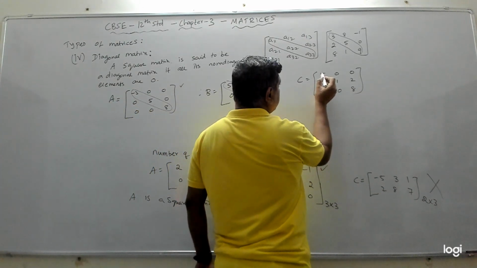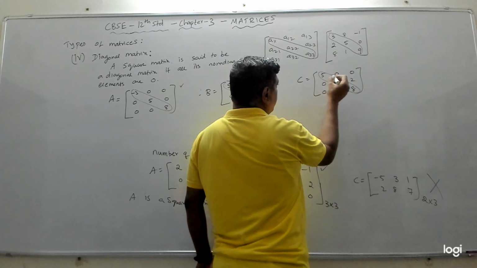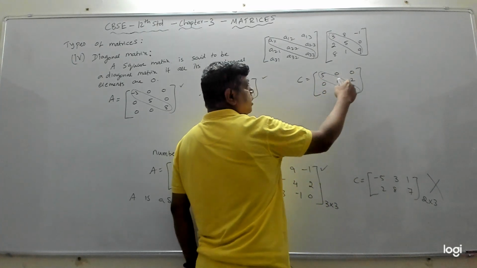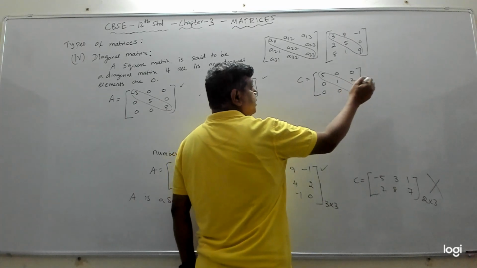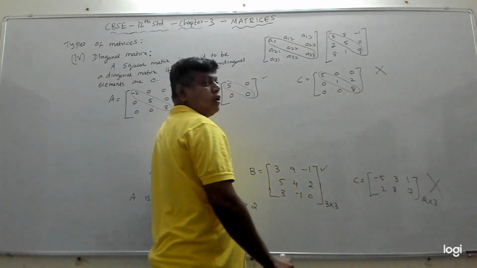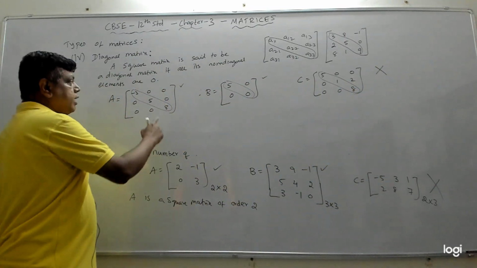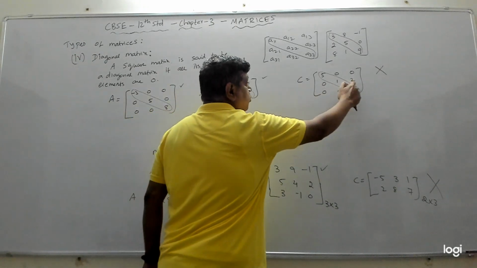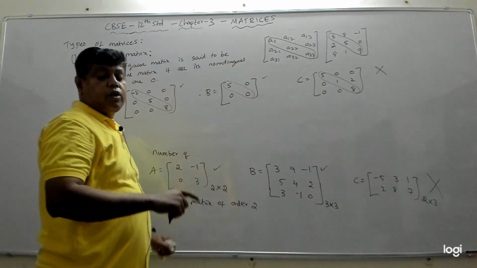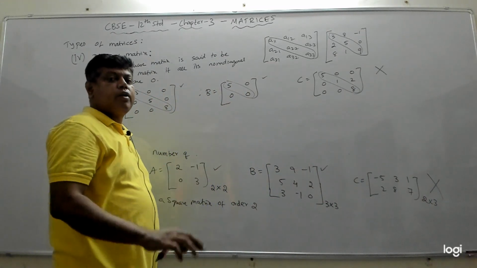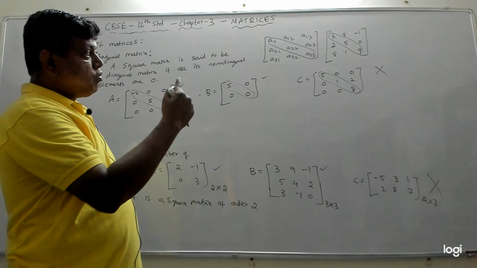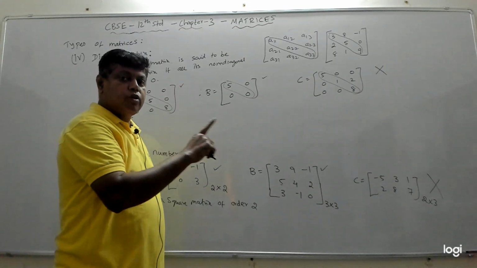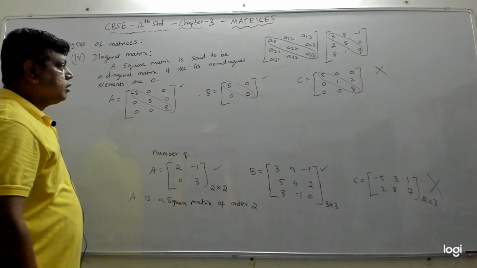No, because if I take these as the diagonal elements, the non-diagonal elements should be 0, but here it is 2. So A and B are diagonal, C is not a diagonal matrix, because this should be 0 for it to be diagonal. All the non-diagonal elements should be 0. Then you call it a diagonal matrix. Even if one of the elements is not 0, then it is not a diagonal matrix.